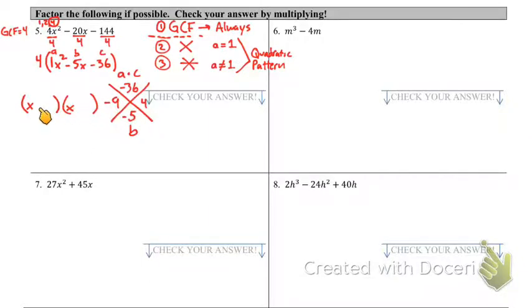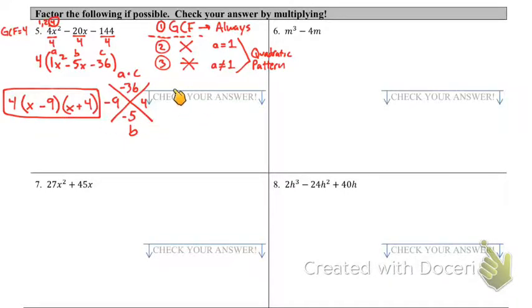So negative 9 is going to go here, and then positive 4 is going to go in here. And don't forget that we had a GCF. We've got to put all the factors in our final answer. This is factored form. So basically we have factored.